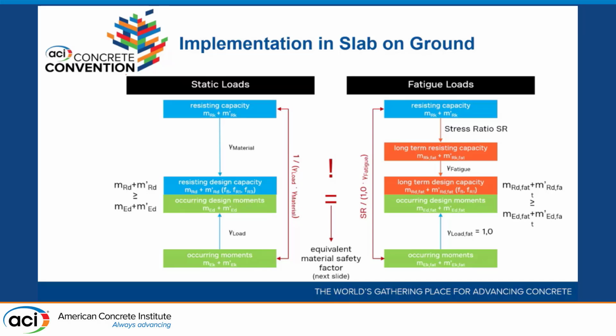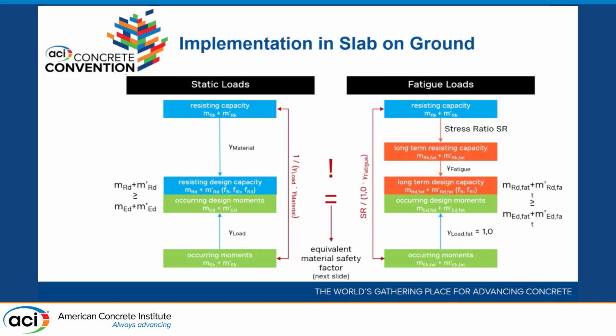These two are, again, related by the stress ratio and a fatigue factor. We'll see later that this is a safety factor built in, so that if it's desired to have a larger factor of safety on fatigue, then we can do that. But as it is, our wheel loads already include the 1.2 impact factor, and we consider fatigue as more of a service level. So our fatigue factor is 1.0.